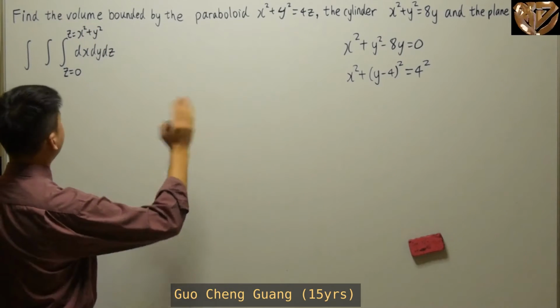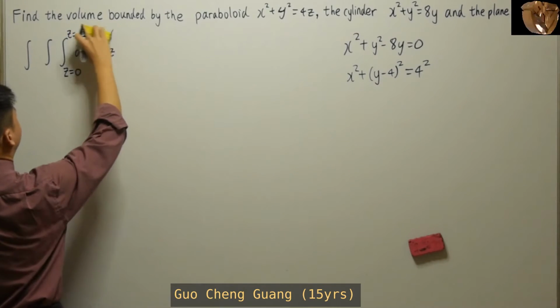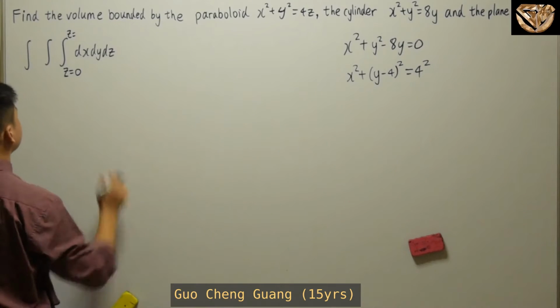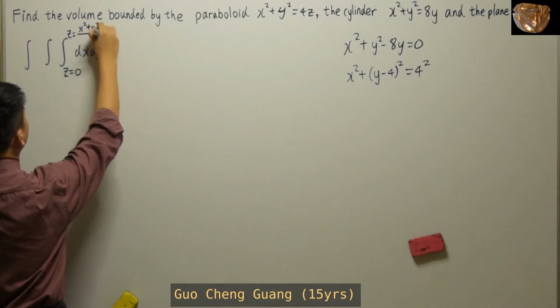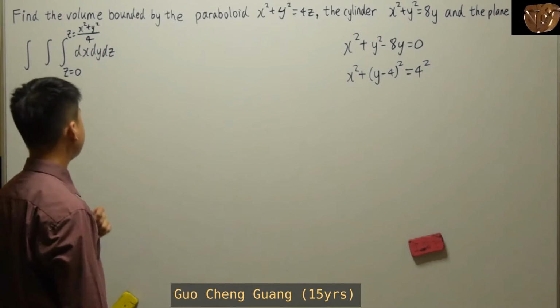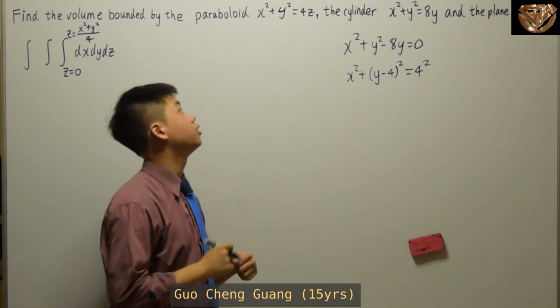In fact, that is 4z, which means you will need x squared plus y squared divided by 4. So this is what you have for z, from 0 to the paraboloid.